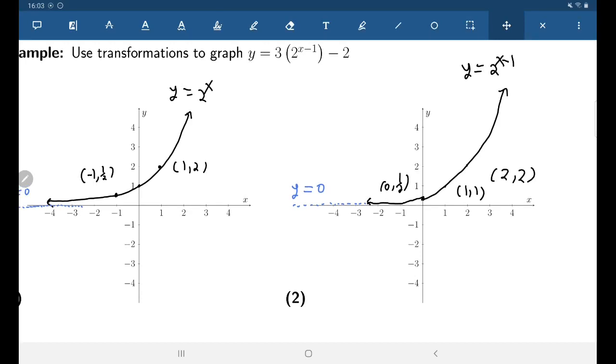Okay, so now the next thing that I'll need to do is to stretch my graph vertically by multiplying all the y values by 3. That's my next transformation. So again, that's going to stretch my graph vertically. We're multiplying all the y values by positive 3.